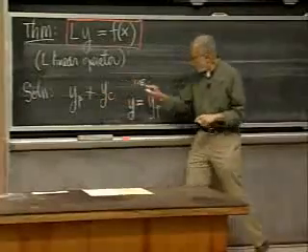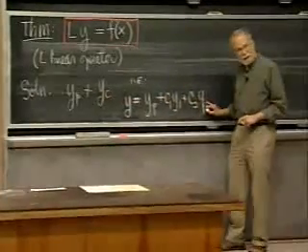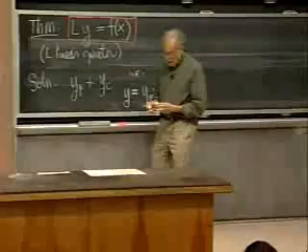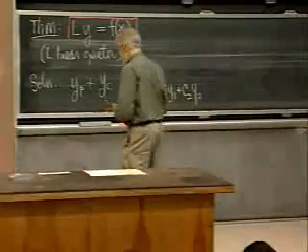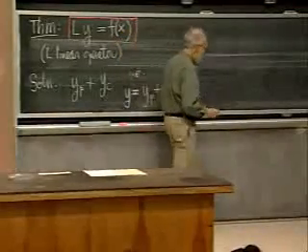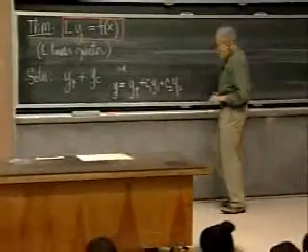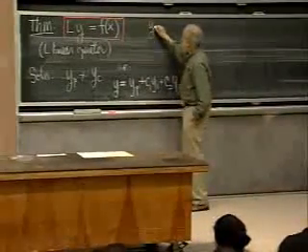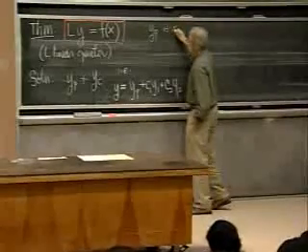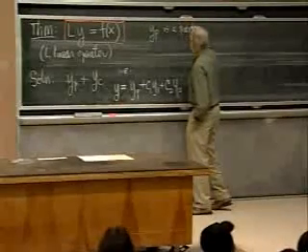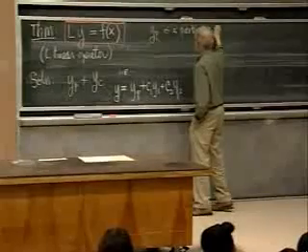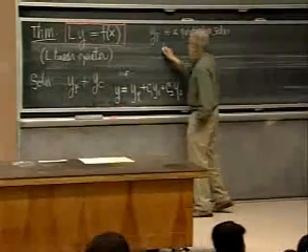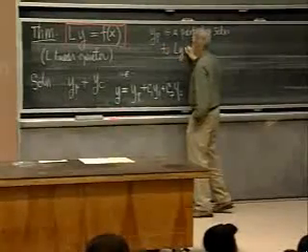So y sub c looks like this part, and what's y sub p? P stands for particular, the most confusing word in this subject. But you've got at least 4 weeks to learn what it means. Okay, y sub p is a particular solution to Ly equals f of x.